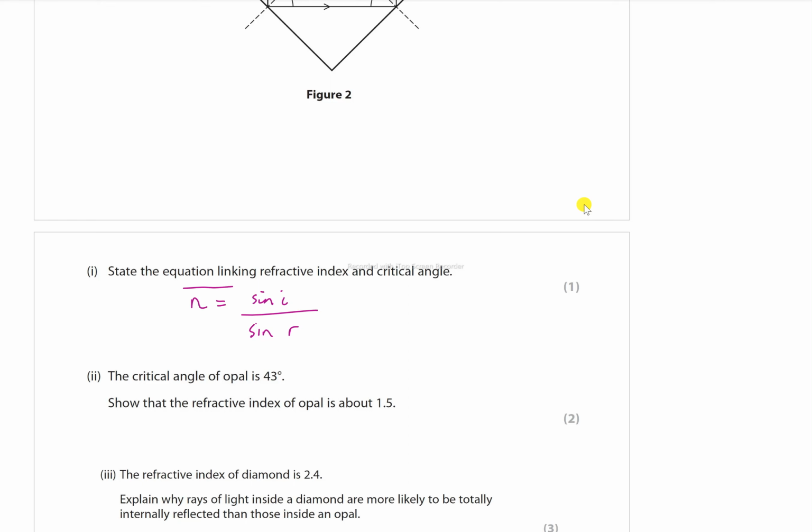What we want is this one here: sine C equals 1 over n. n is the refractive index, so this is the one that they want. They don't want that one. I'm just going to make a note of these two up there because they're useful to know. This is the one they want because it's got the refractive index, n, and the critical angle, C.